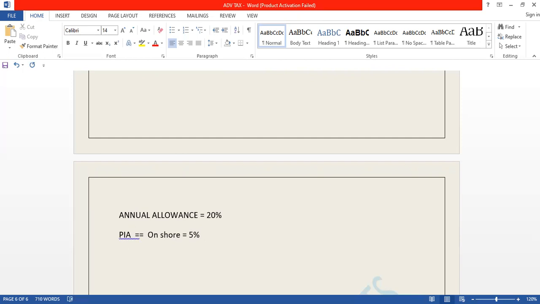Okay. Now, any deep from 0 to 100, it's going to be 10% offshore. Are you getting that now? That's what I'm trying to explain. This one is onshore. This one is offshore.